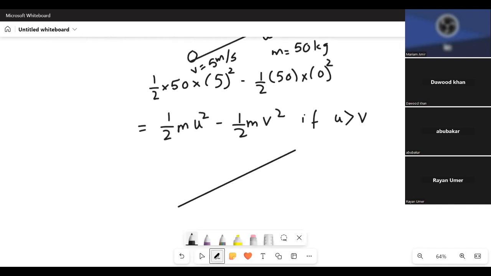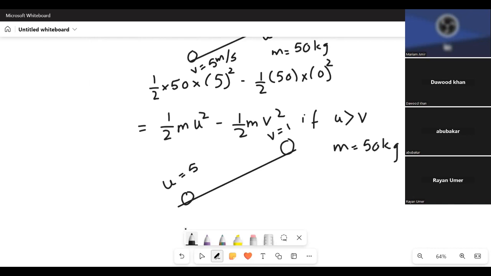For example, if you're told that a particle or an object goes up the slope with an initial speed of 5 and a final speed of, let's say, 1, and let's say mass is again 50 kgs.